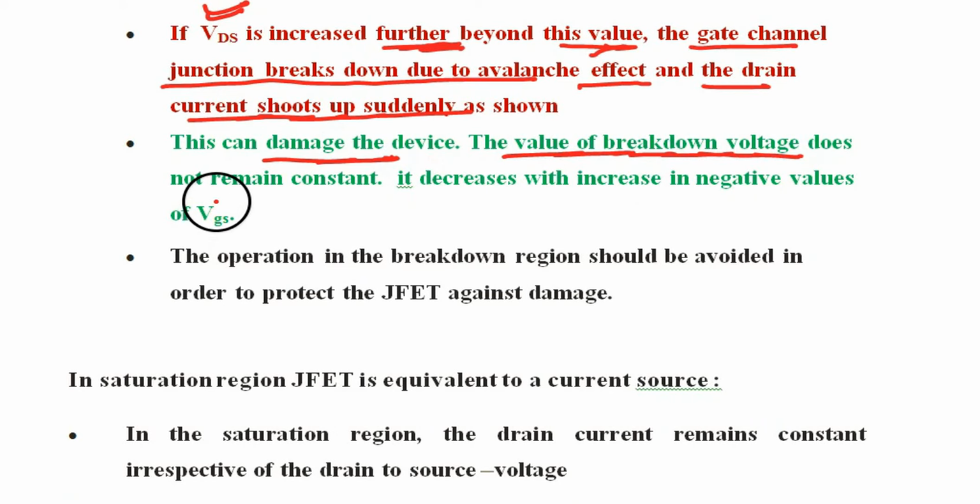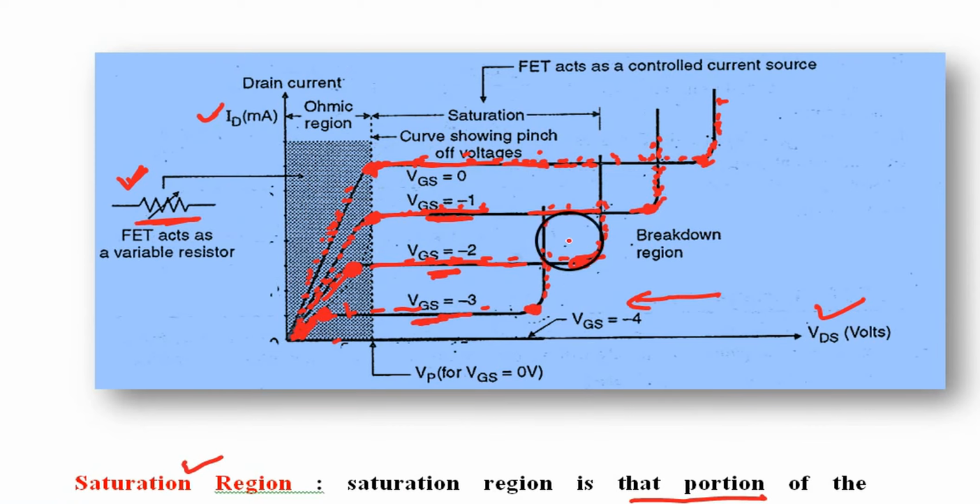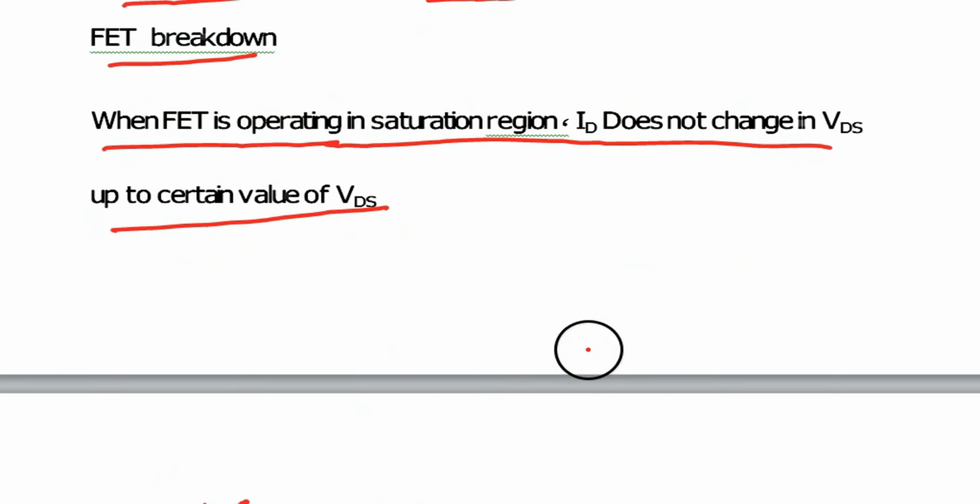The value of the breakdown voltage does not remain constant. It decreases with the increase in negative value of VGS. Look, this breakdown is here, it is here, it is here. Why? Because the gate source voltage is becoming more negative, so the breakdown shifts towards this side.